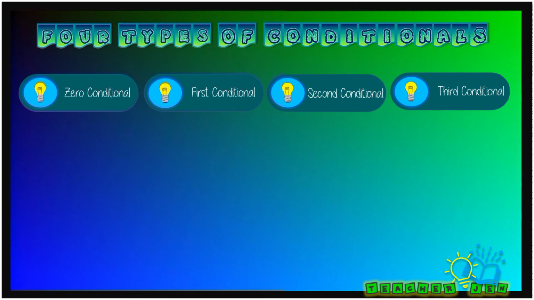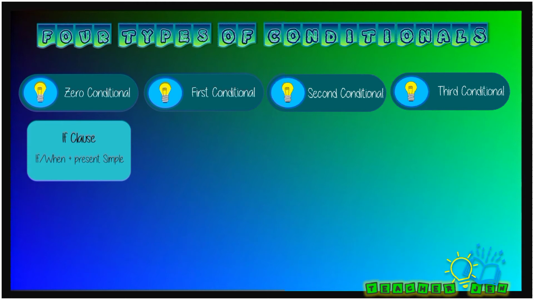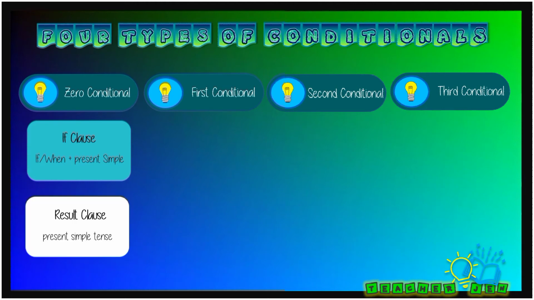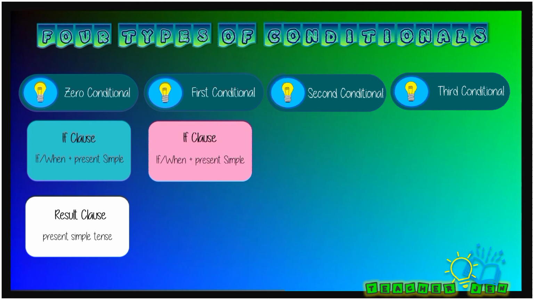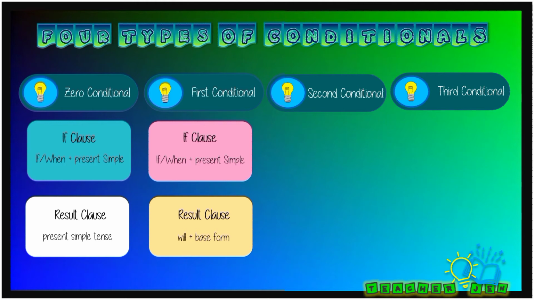Always remember that a zero conditional is formed using if or when plus present tense of the verb in the if clause and a present simple tense in the result clause. In the first conditional, we form it by using if or when plus present tense of the verb in the if clause and will plus base form of the verb in the result clause.